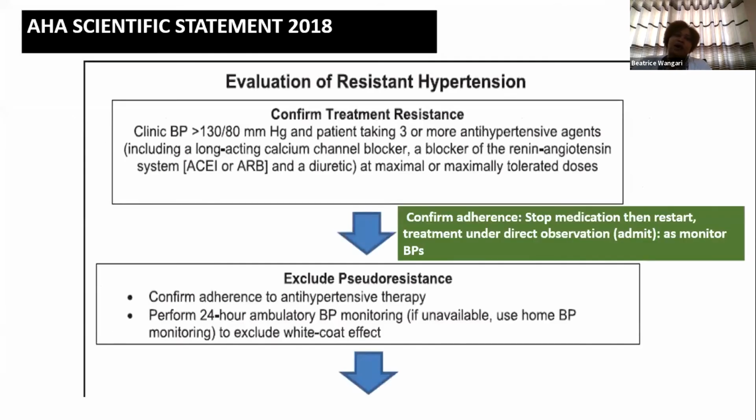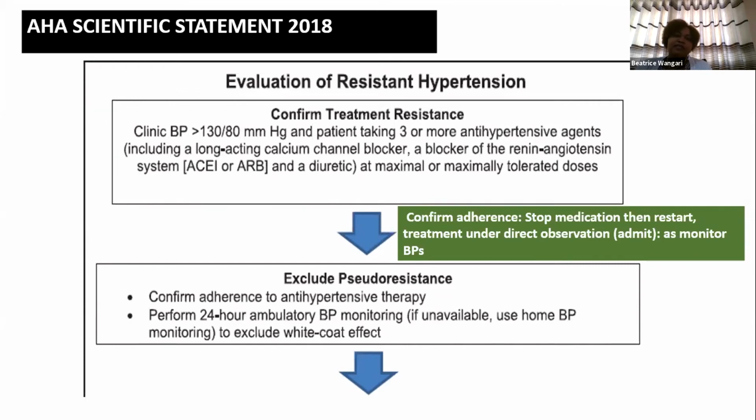Now, with that, we go to the evaluation of these patients. Again, quoting from this 2018 scientific statement from the American Heart Association. When these patients with resistant hypertension come to you, the first step, of course, is to confirm that they do actually have true resistant hypertension. Is their blood pressure above goal?